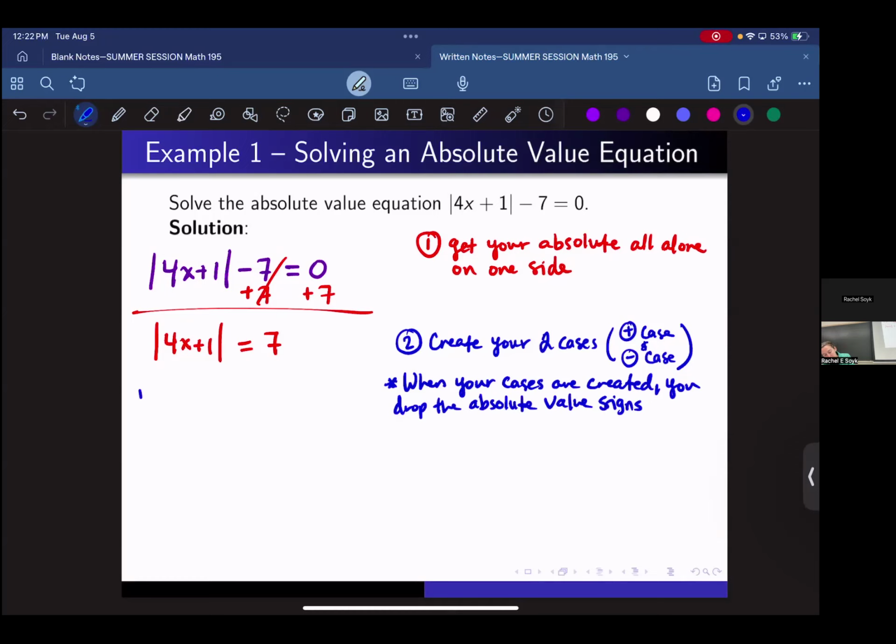So we have our positive case where you just drop everything completely and you're looking at 4x plus 1 equals 7. And then you have your negative case where you drop everything, but you want to multiply that right-hand side by a negative. So 4x plus 1 is equal to a negative 7.